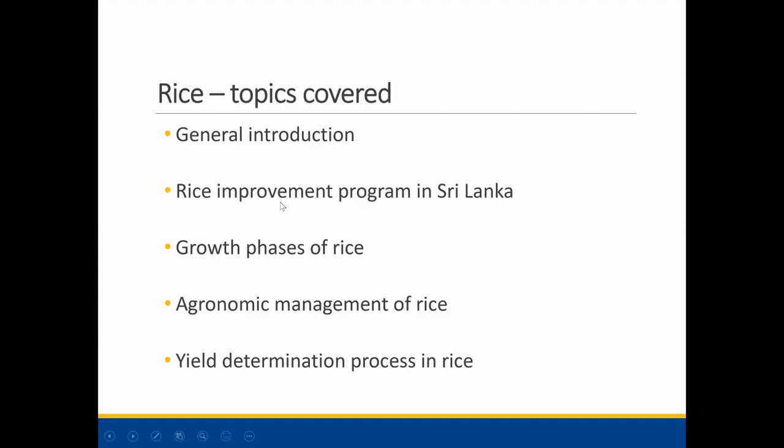It did not occur suddenly. It took decades to improve the rice crop we currently have. In Sri Lanka, if you go back in history, it started somewhere in the 1930s, even before independence, that we started working on this rice improvement program.